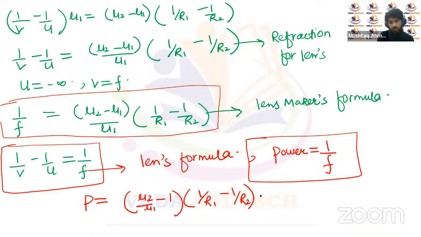So in this way we can calculate the focal length of different lenses. We used the refraction formula, and the refraction formula can be used at any refracting curved surface to calculate different parameters.